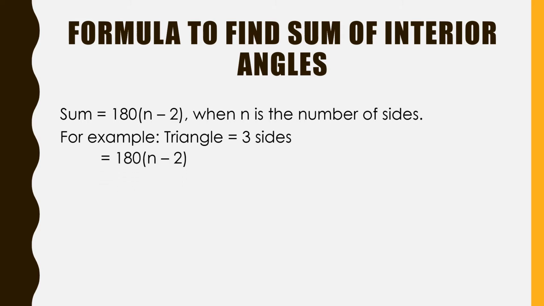So if we are going to get the sum, 180 times n minus 2, so we have 180 times 3 minus 2. That is 180 times 1, or 180. That is why the sum of the interior angles of a triangle is 180.